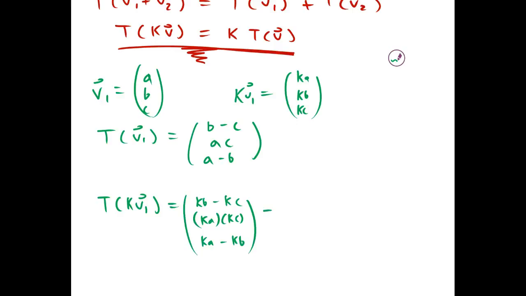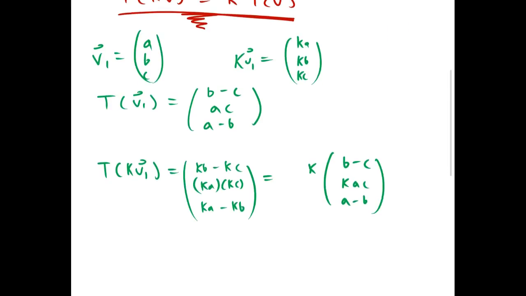This ends up being k times b minus c, k times kac, only one k comes out, and then k times a minus b.